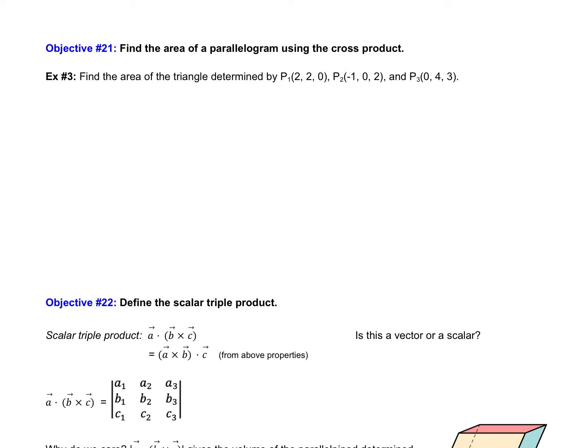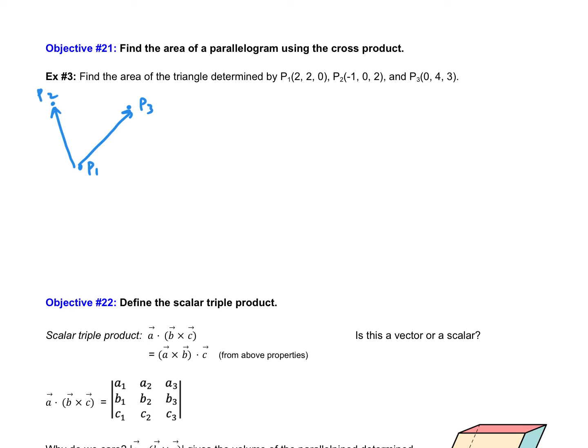So example number 3, find the area of the triangle determined by P1, P2, and P3. If we picture what's going on, we have these 3 points, P1, P3, P2. I can draw in this vector from P1 to P3, and this vector from P1 to P2.